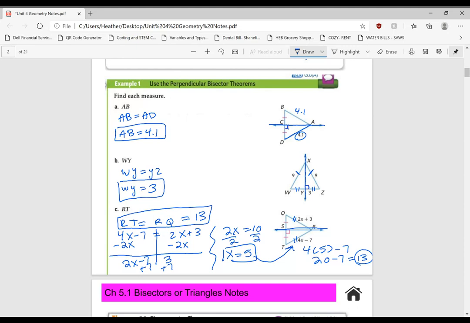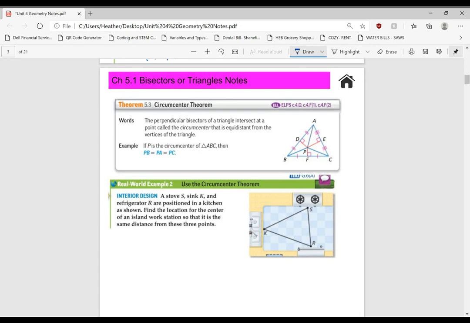Okay, let's look at the next part. So now we have the theorem about the circumcenter. The perpendicular bisectors of a triangle intersect at a point called the circumcenter, that is equidistant from the vertices of the triangle.